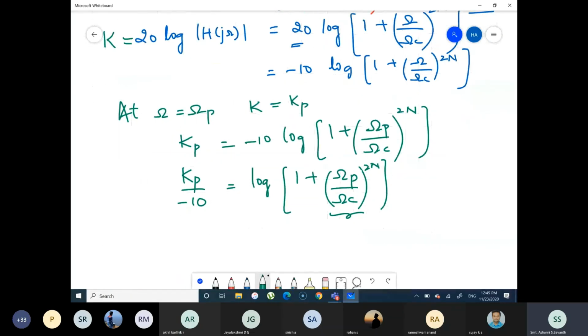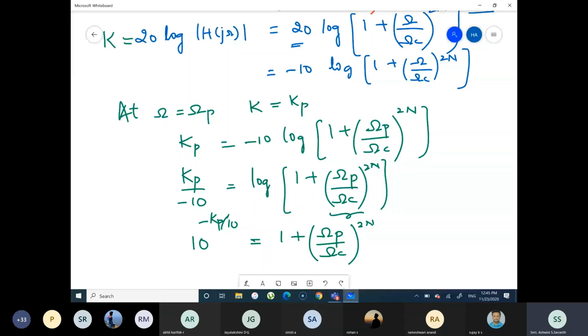So this can be written as 10 raised to the power minus kp by 10 equals 1 plus omega p by omega c to the power 2n. Using your rules of logarithm, we can write it in this way.